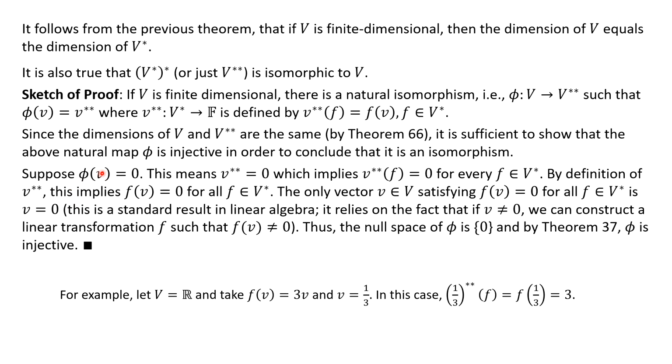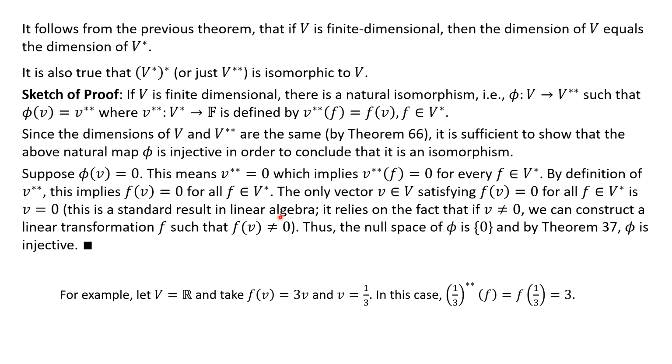So suppose phi of v equals 0. This means v star star equals 0, which implies that v star star of f equals 0, just using this definition here, for every f an element of the dual of V. And by the definition of v star star, this implies f of v equals 0 for all f in the dual of V. And the only vector v in vector space V satisfying f of v equals 0 for all f in V star is v equals 0.